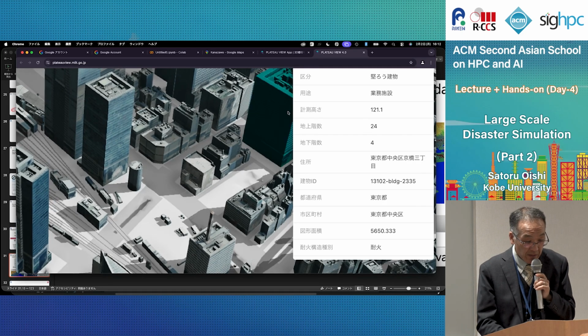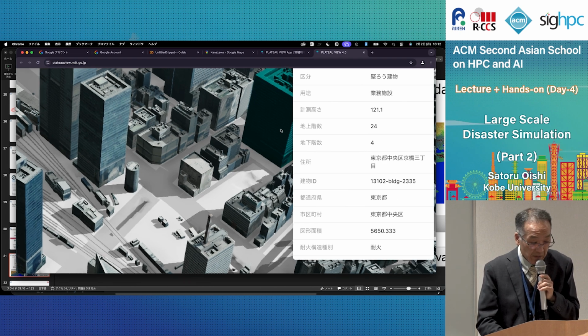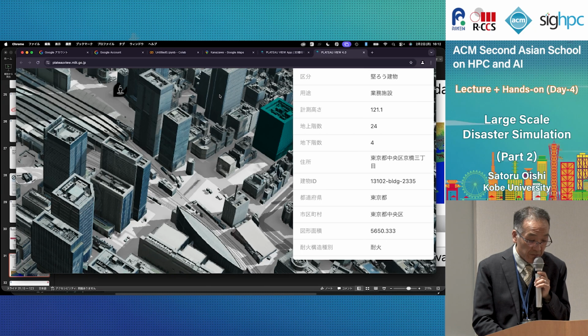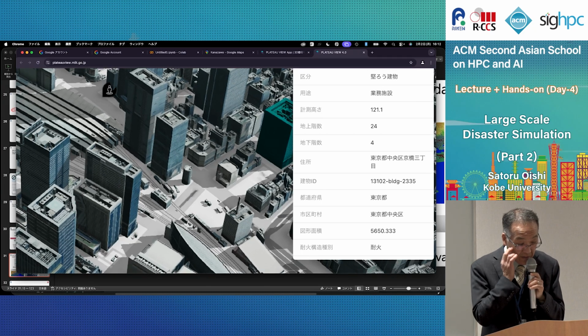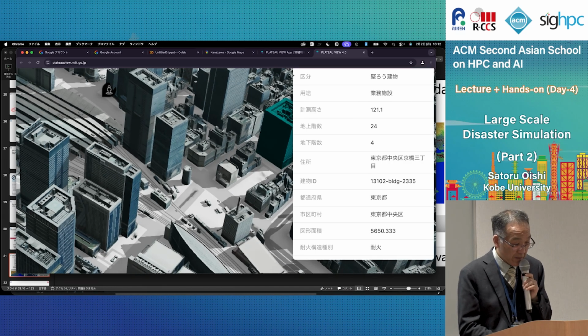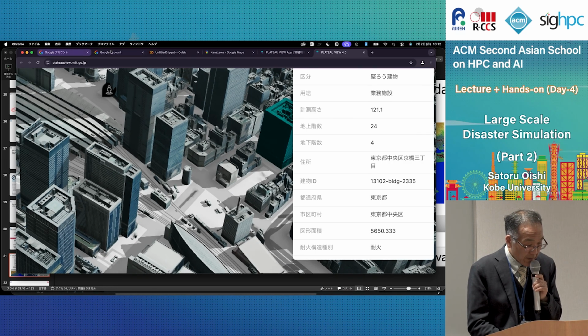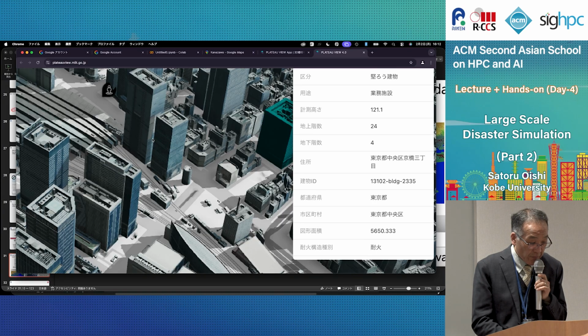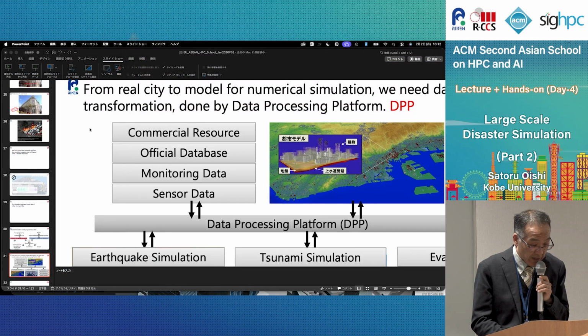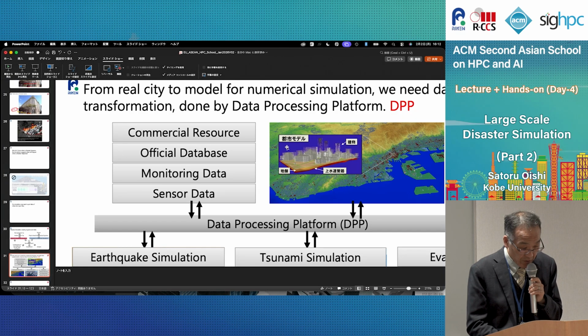From the past, tax is one of the best reasons for identifying buildings. Therefore, this information should be translated into the numerical simulation.